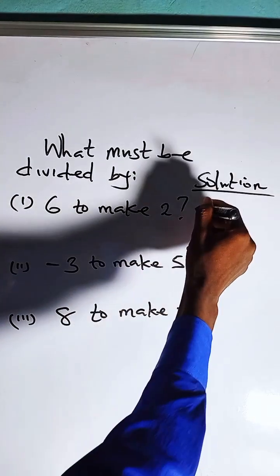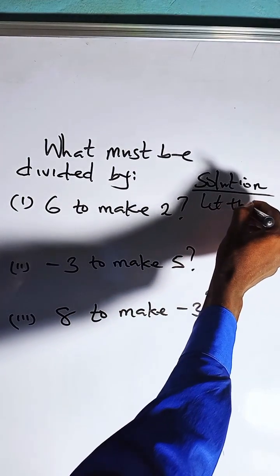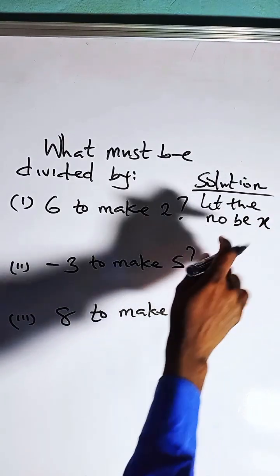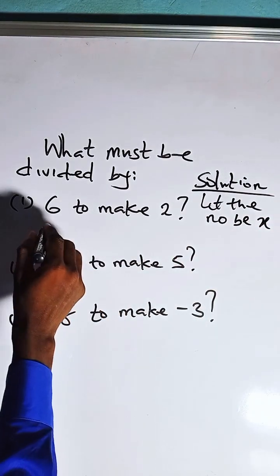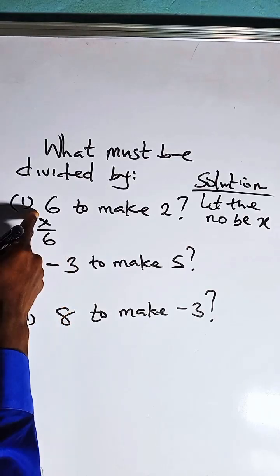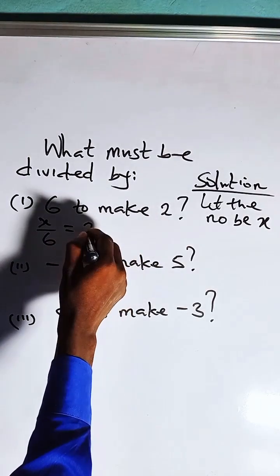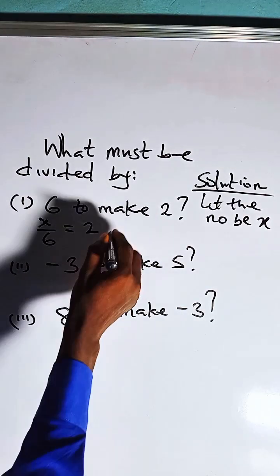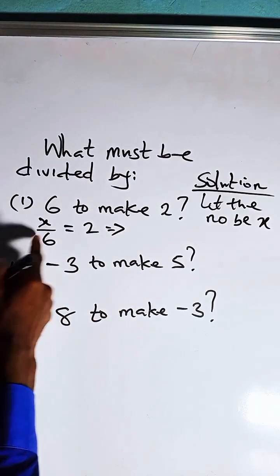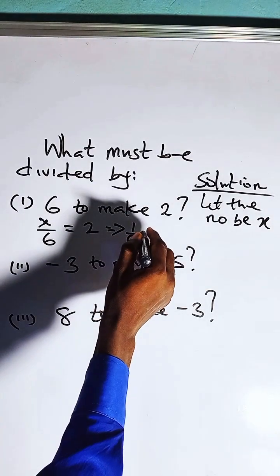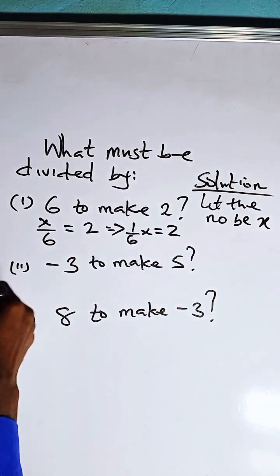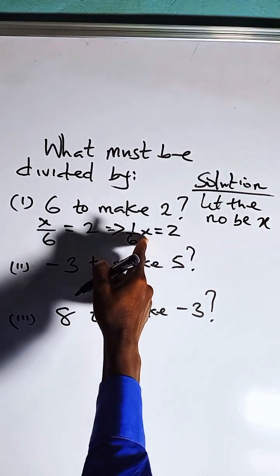Let us assume the number, let the number be x or any letter of the alphabet. So x divided by 6 gives us 2. From here, we can have this as 1 over 6 times x equals 2. So what do we do to get x?